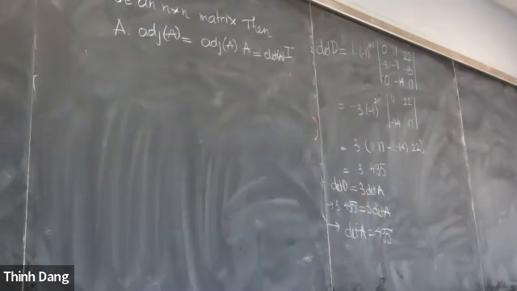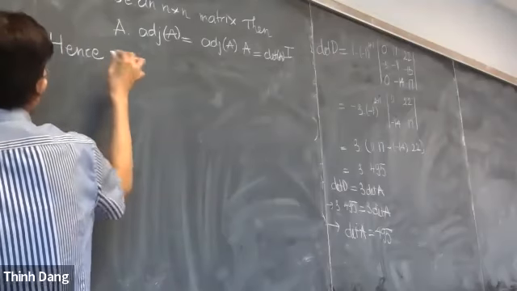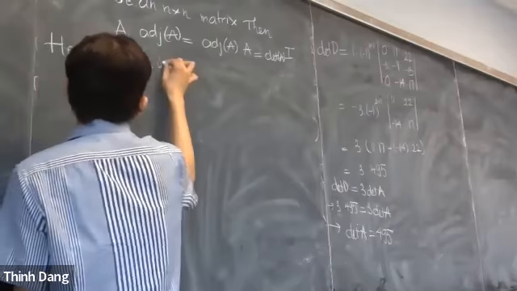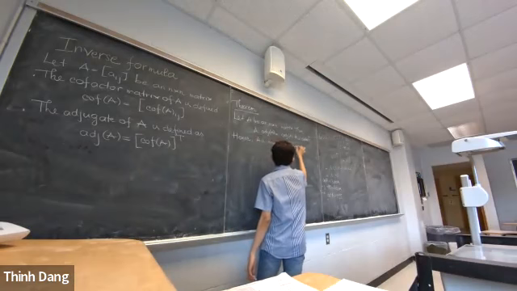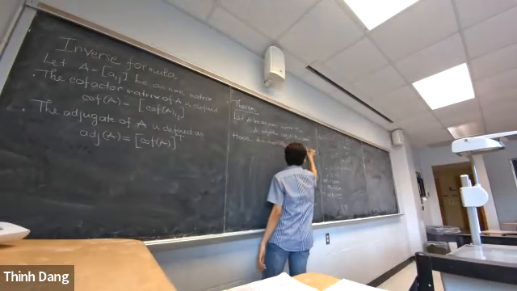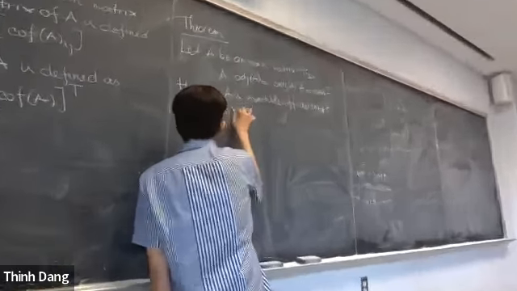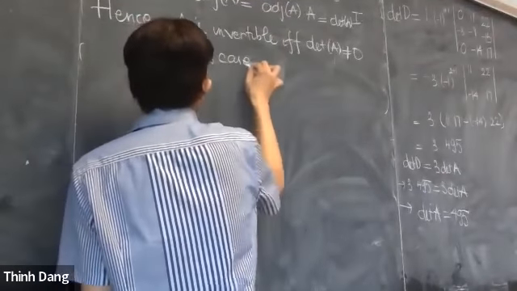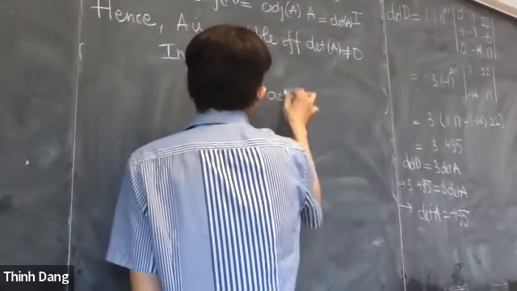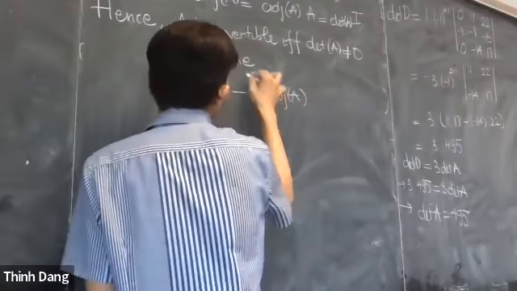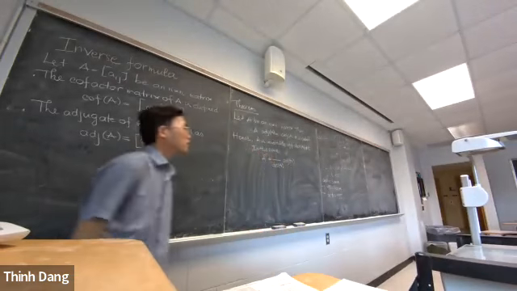From that theorem, we get a corollary: hence A is invertible if and only if the determinant of A is not 0. In that case, to find the inverse of A, you simply take the adjugate of A and multiply it by the number 1 over the determinant.